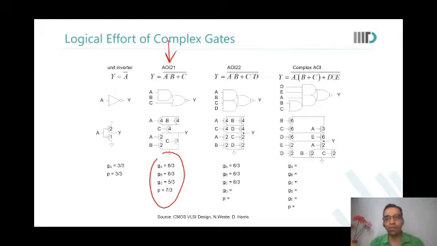So who will give me the value of GC or GD now? 6/3. 6/3 again. What about P? 12/3. Great. What about now GA over here? 5/3. What about GB? 8/3.